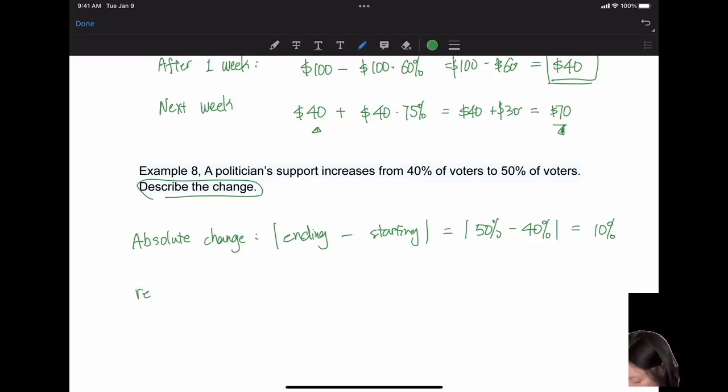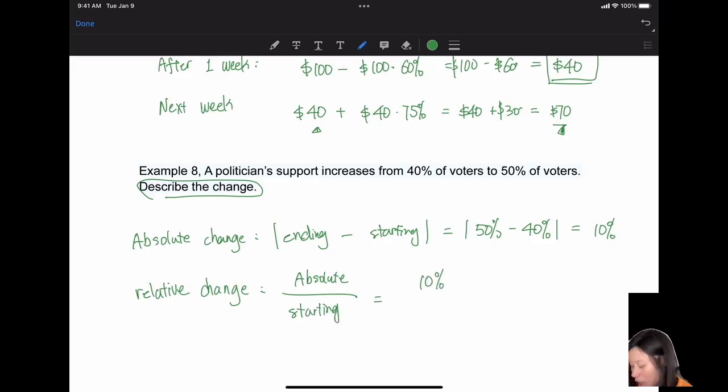So now is the relative change. Relative change equals the absolute change over the starting quantity. The absolute change is 10%, right? And we start from 40%.